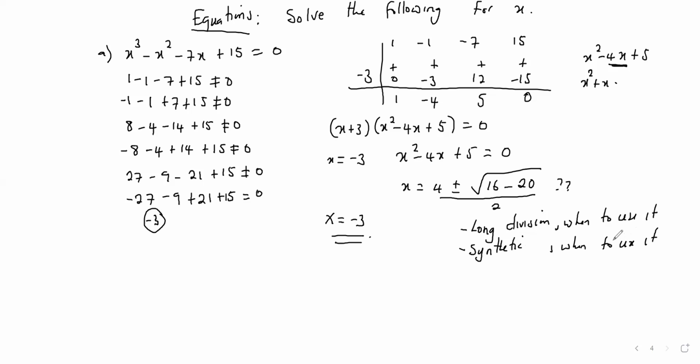Use it when you have factors. If you don't have factors, you cannot use synthetic. I mean, when you have easy divisors, which you can easily equate to 0 and get the values of x to use, because it depends on those values of x.